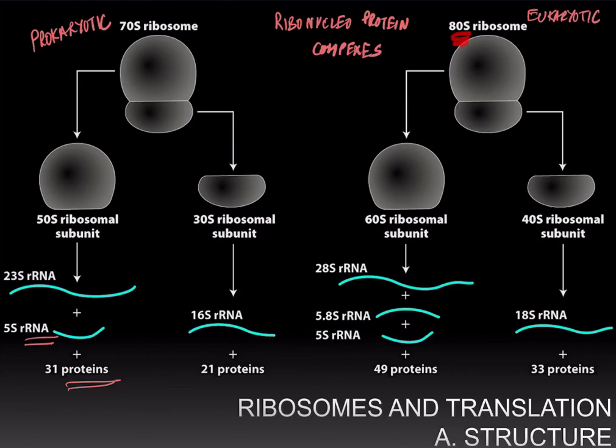So there is an 80S ribosome, 80 Svedberg units, and there's a 60S large subunit and a 40S small subunit, and there are 3 instead of 2 ribosomal RNAs, and a new one is a 5.8S ribosomal RNA, and there are more proteins involved. And the same goes for the small subunit of the eukaryotic ribosome. There's an 18S ribosomal RNA with 31 proteins.